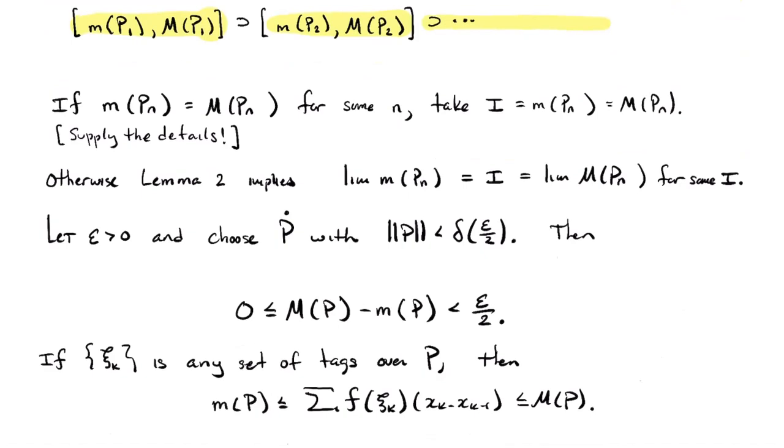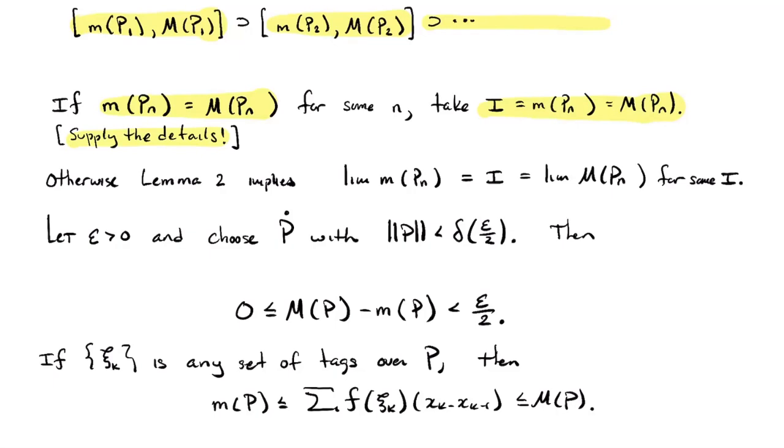So I'm going to leave this as a little exercise to you. If at any moment that interval has width 0, so the lower sum for this partition and the upper sum for this partition are equal, then in the statement of the theorem, you can take I to be that number. And then it will be the case that for any epsilon, you can find a delta, so that any partition whose norm is less than delta, that difference is going to be less than epsilon, because you can actually arrange for that Riemann sum to equal this value I. There are some details there that I'm going to leave to you.